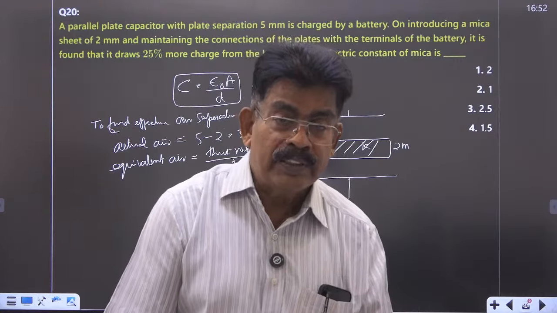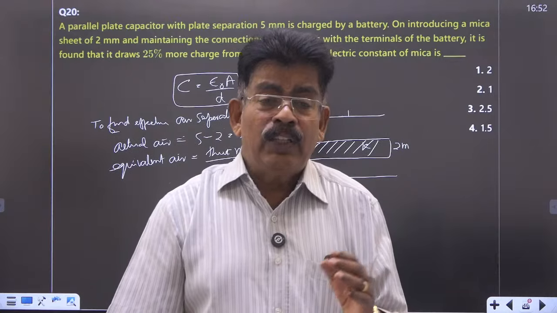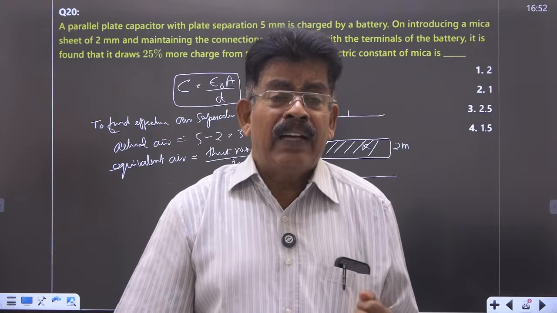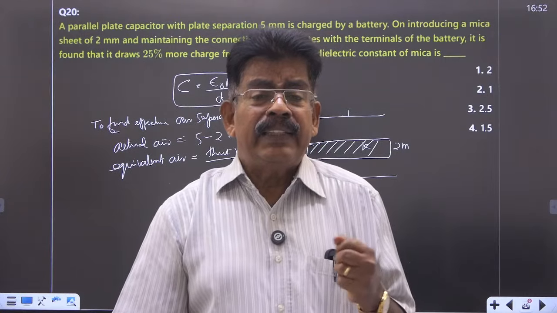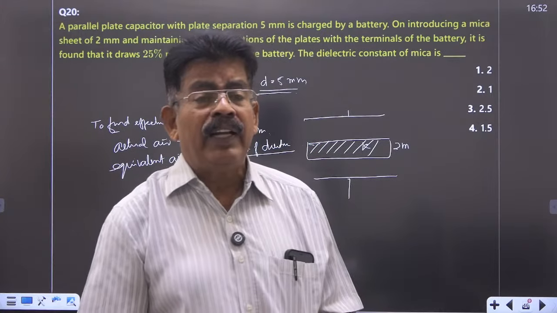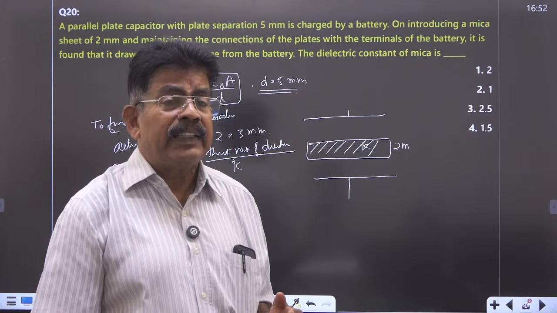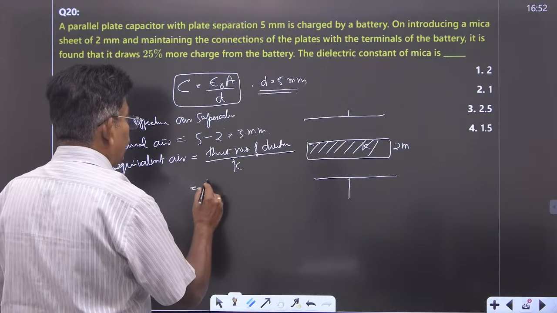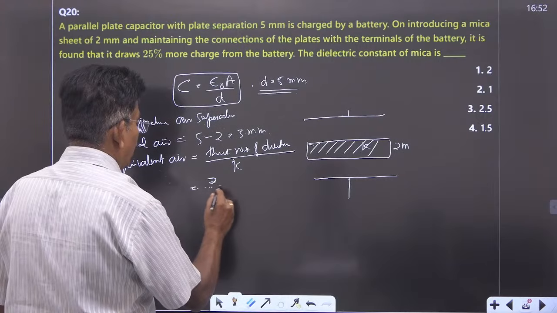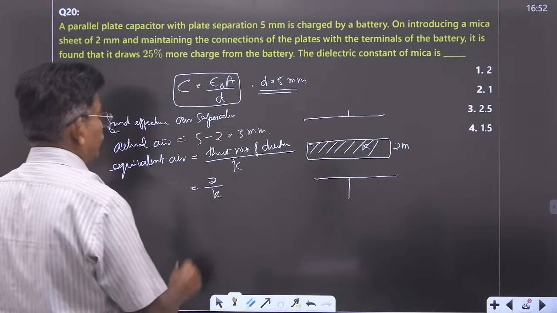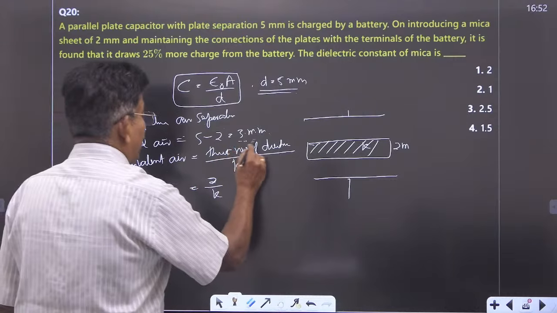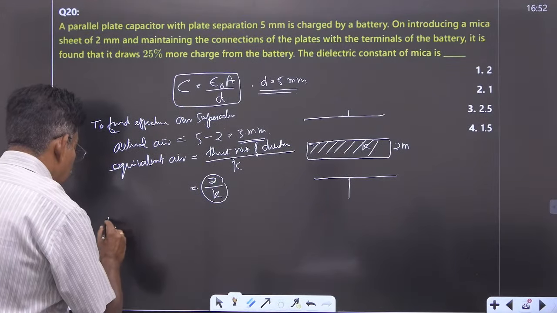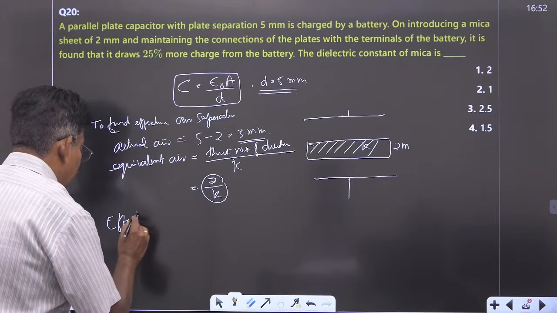We are converting dielectric into air. How do you take equivalent air? Actual dielectric thickness divided by dielectric constant. So equivalent air will be 2 divided by K. So actual 3 millimeter is there, equivalent 2 by K is there. Now I use the word effective air.